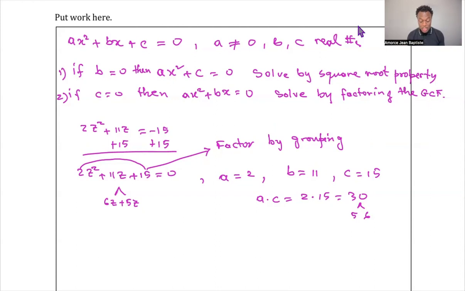Here, the coefficient of the linear term is 11, a is 2, and c is 15. Multiplying gives 30, which we factor into 2 numbers whose sum is 11. If we can't do that, then you cannot factor this trinomial by grouping.